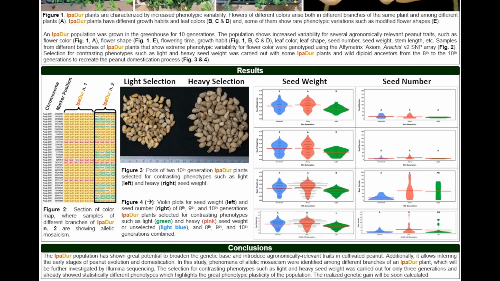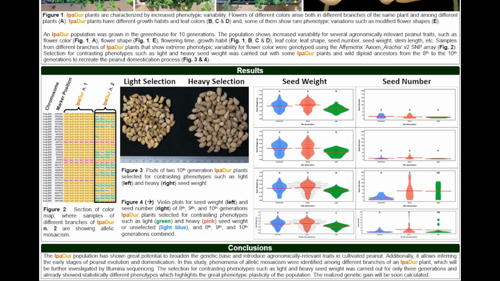What we expect when genotyping these different samples is to see something like in IPADUR number 1, where the genotypic codes are all the same, since the branches are all from the same plant.